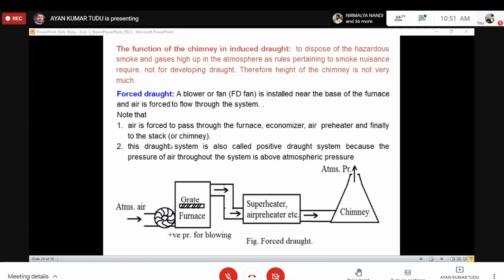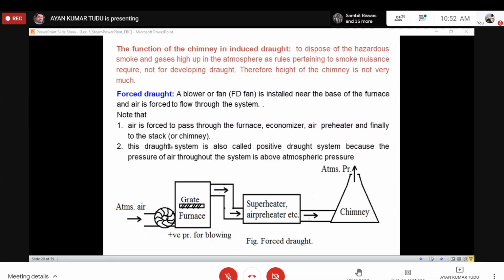Yes, sir. Okay, whenever you are opening the furnace, suppose imagine the system in front of you has higher pressure inside. You are at atmospheric pressure, and when you open the furnace to inspect or for firing, that air will be coming out, correct? It will be coming towards you because the pressure inside that furnace is above the atmospheric pressure. I hope you can understand now.